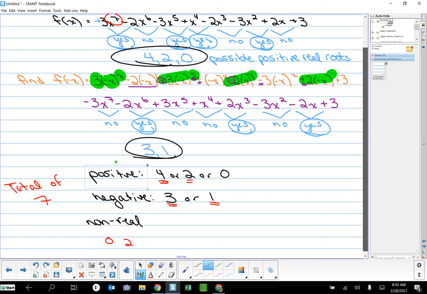If I had 2 and 3, that's 5, so I would need 2. But if I only had 2 and 1, that's 3, I would need 4 of them, right? And if I had no positive and 3 negative, I would still need 4. But if I had 0 positive and 1 negative, then I need 6 non-reals. These would be listed in opposite order. So I'm going to need 6 or 4 or 2 or 0.